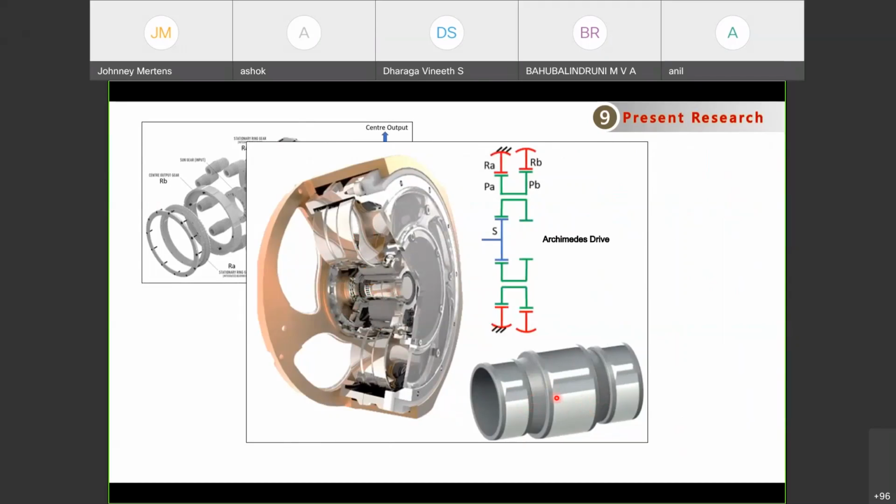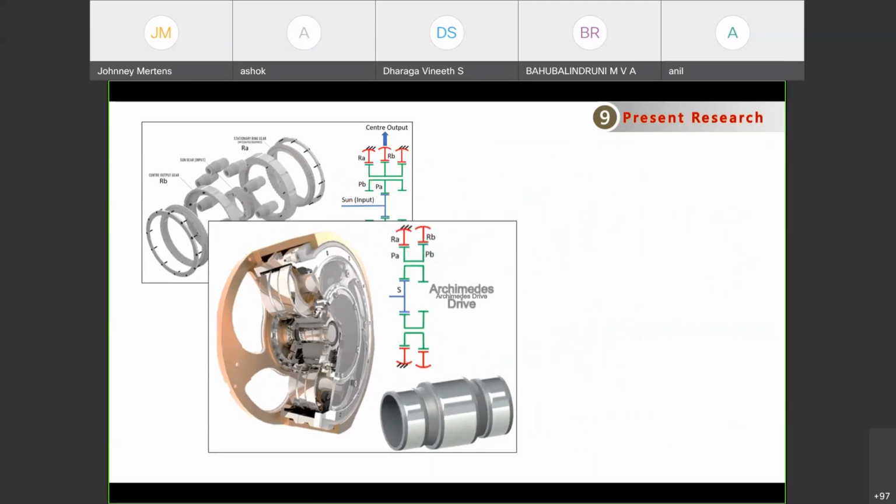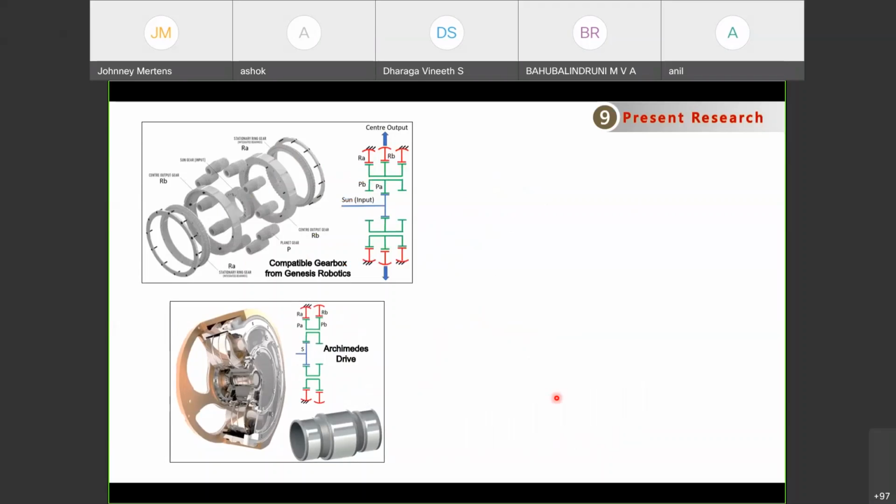Due to the rolling contact replacement, the sliding friction losses between the gear arrangement, as well as backlash, can be avoided by using such cylindrical rolling contacts. So this is the second type of gearbox which is still under research.